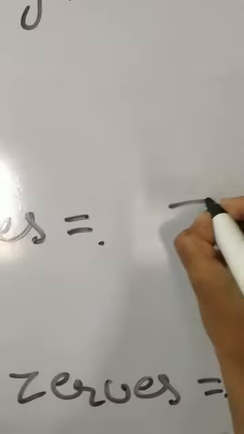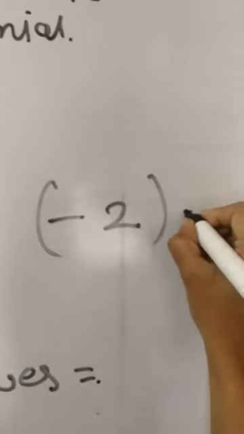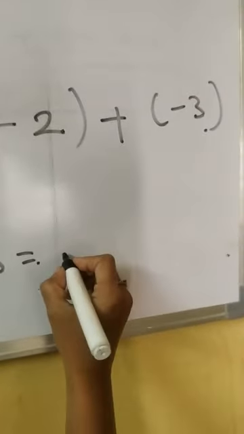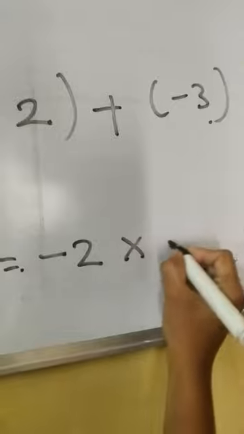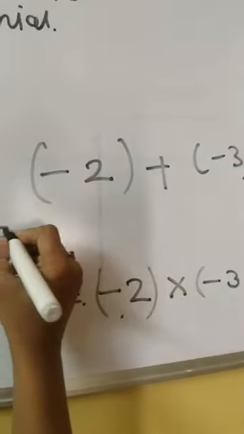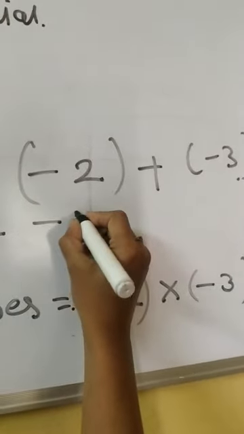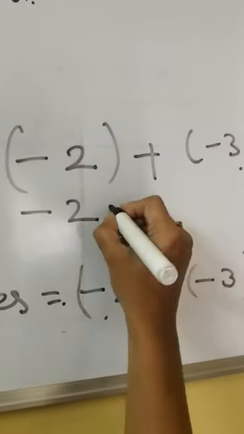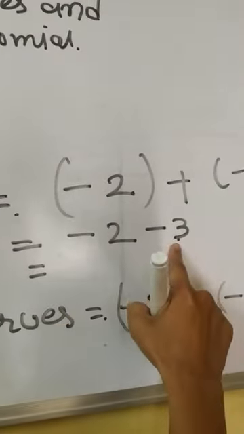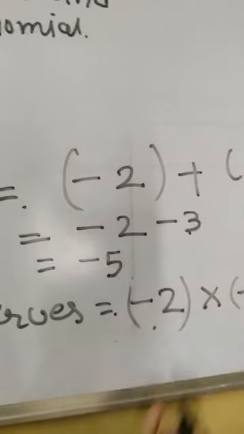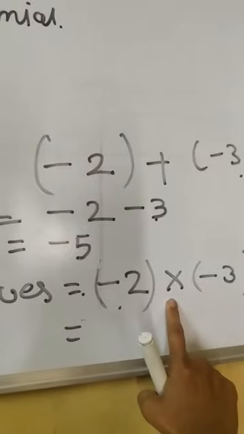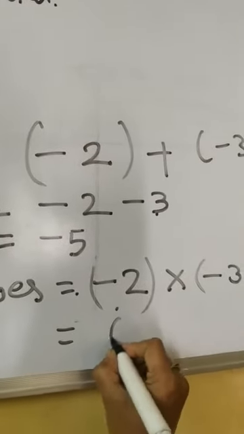Means you have to add minus 2 plus minus 3, and you have to make product of it, means minus 2 into minus 3. So here you will get minus 2 as it is, plus minus will become minus only. Minus 2 minus 3 will become minus 5. And here minus minus will become plus because it is product, and 2 3s are 6.